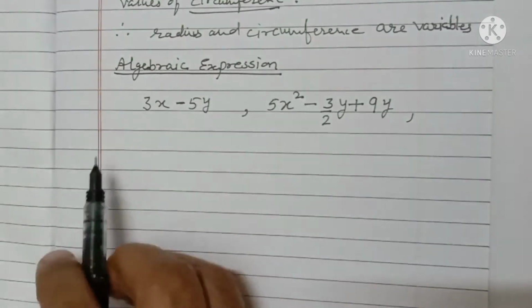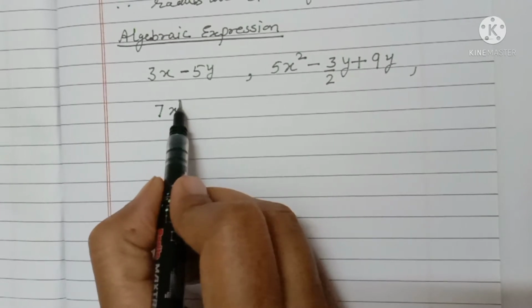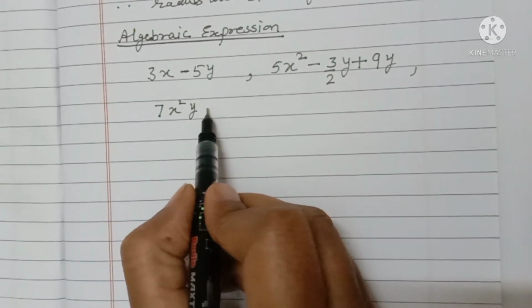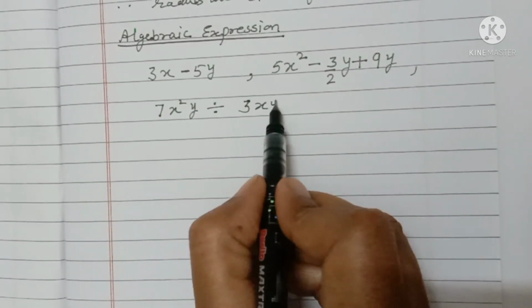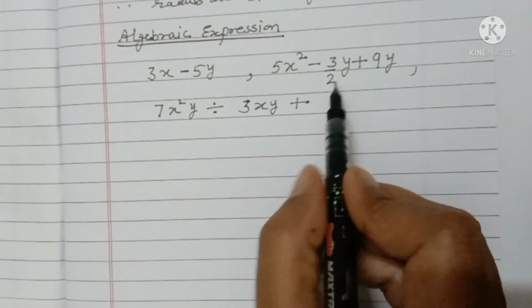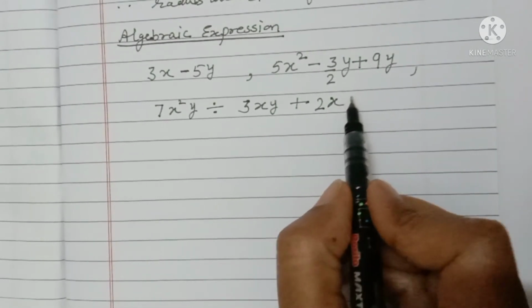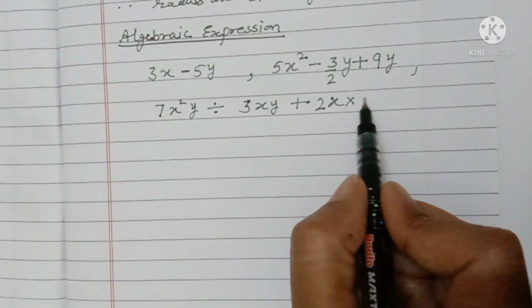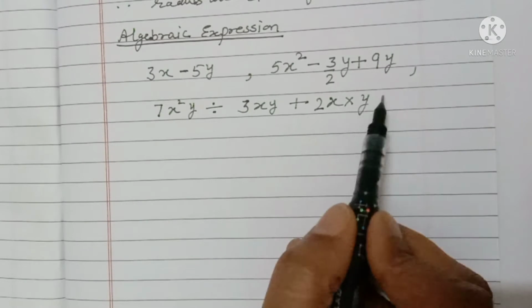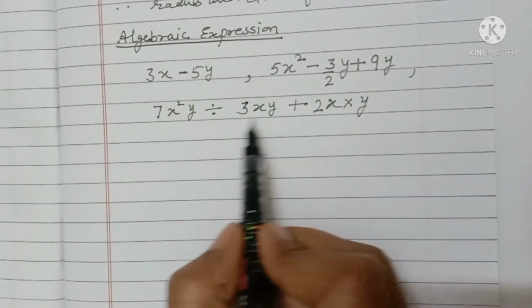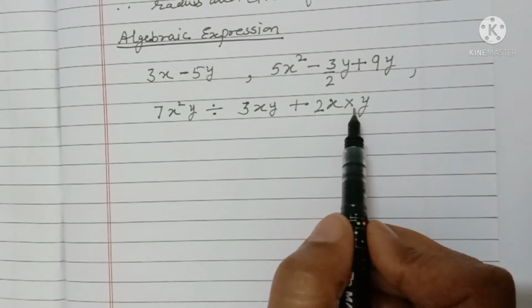Another type of expression we are taking, suppose 7x square y divided by 3xy plus 2x multiplied by y. You can make an expression by yourself also. These expressions are connected with the symbols divide, plus and multiply.